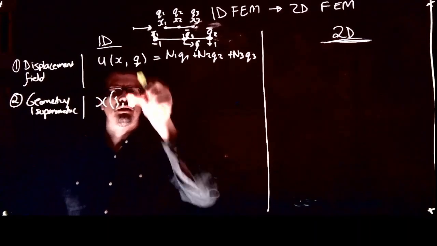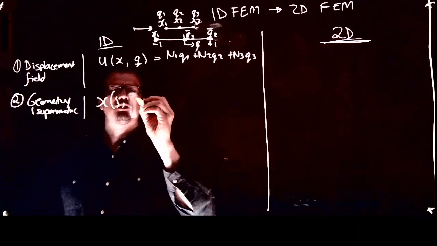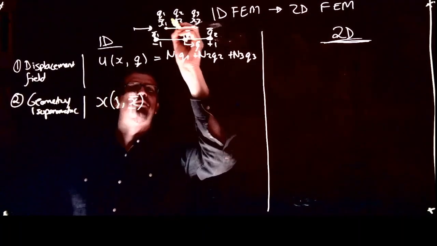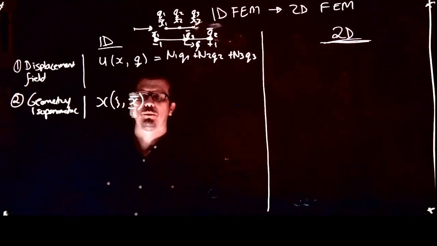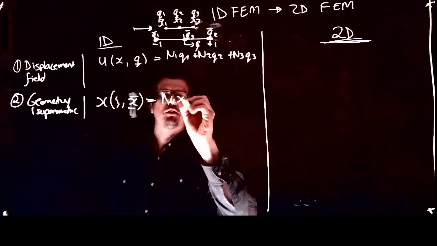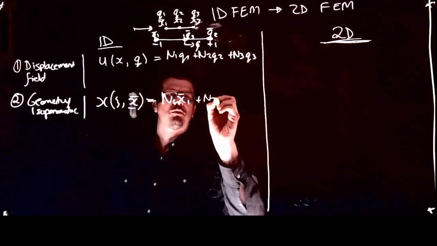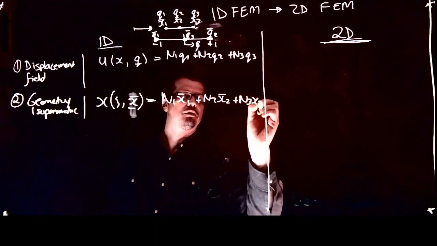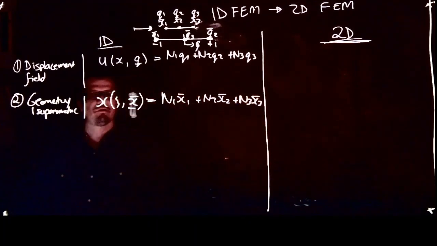Let me write these x coordinates with bars so I can differentiate from the x vector. So those are the coordinates, so that we differentiate from this x. Let's call it N1 x1 bar, N2 x2 bar, N3 x3 bar. That's essentially what we have there. Beautiful.